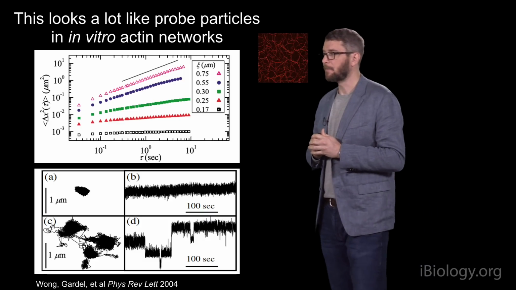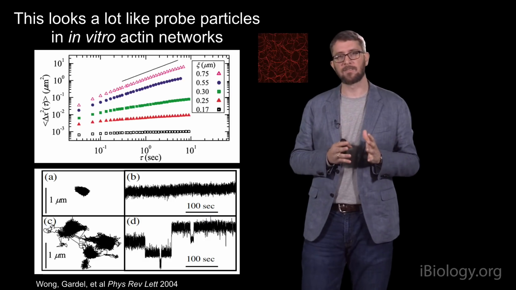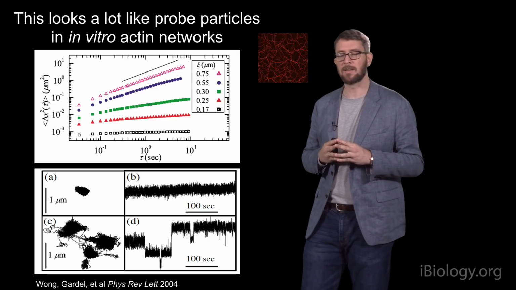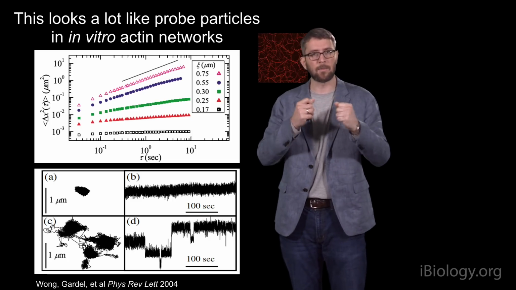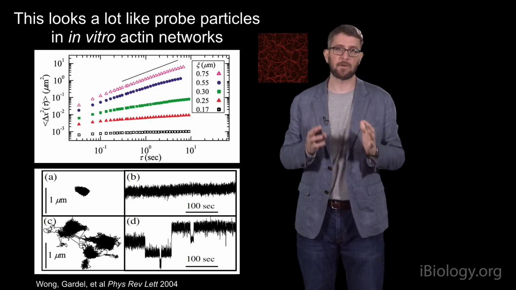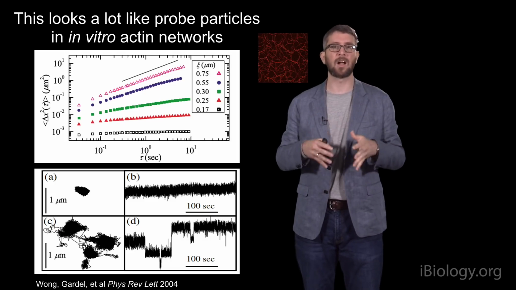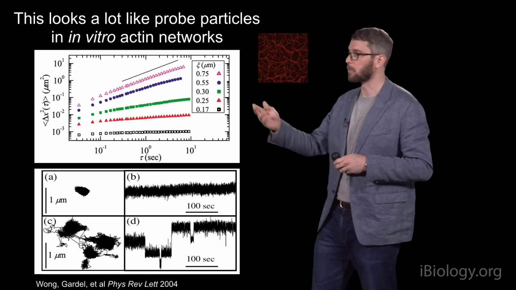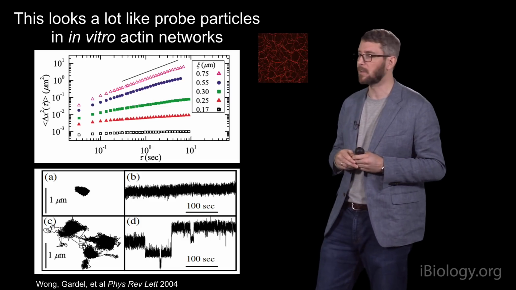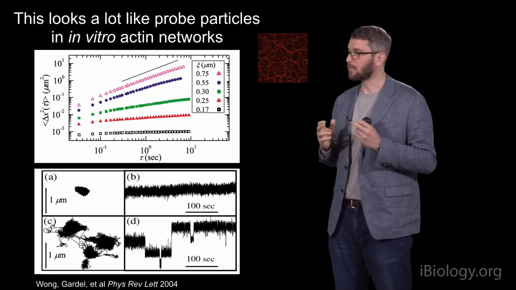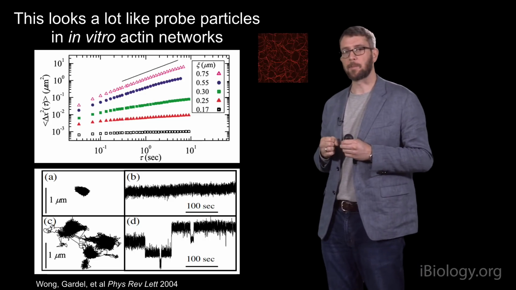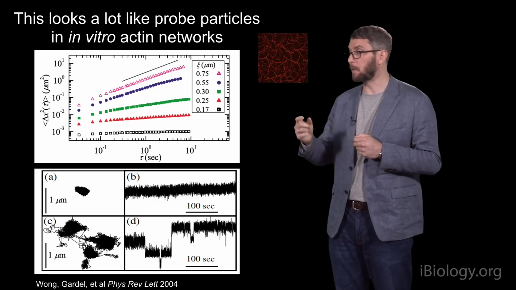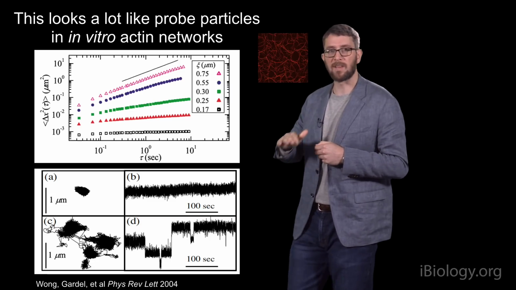In fact, the data that we got in this system looks a lot like some data that other folks had seen in looking at similar bead motion in purified networks that are reconstituted from the protein actin and the filaments that actin forms. So actin forms these beautiful filamentous networks. And if you put particles in there, you saw really the same type of thing, where if the particles are large compared to the average spacing between the filaments, then the motion is highly constrained.